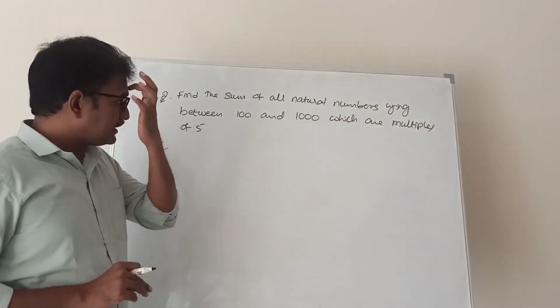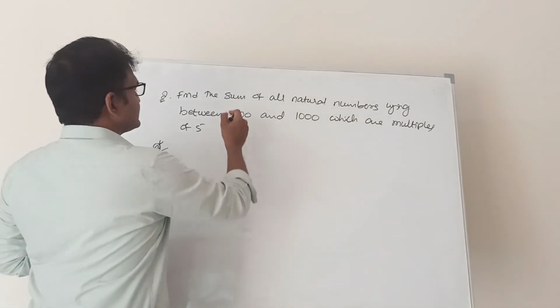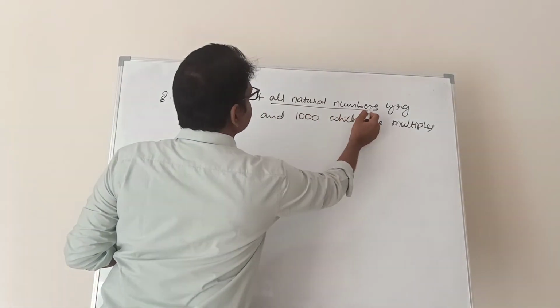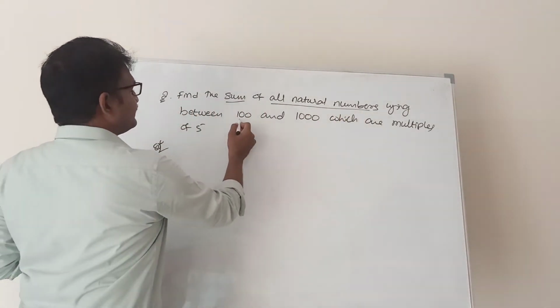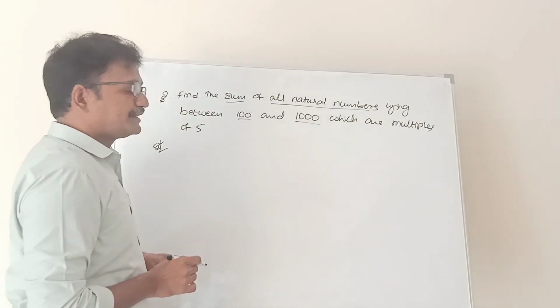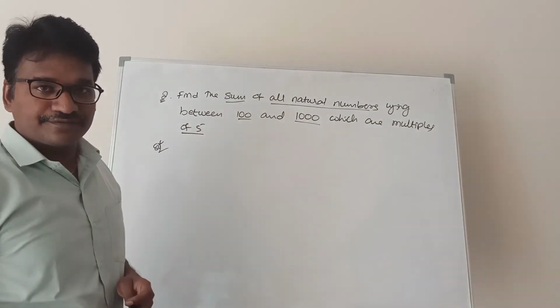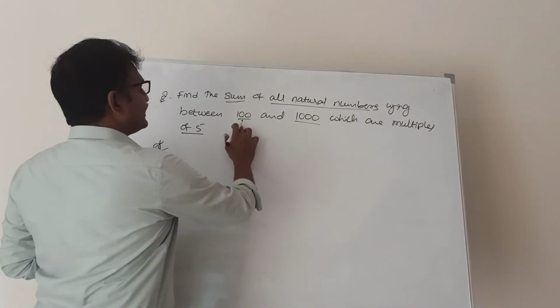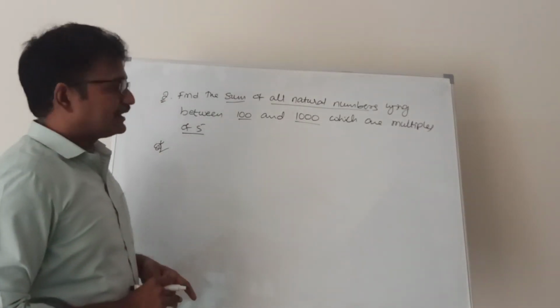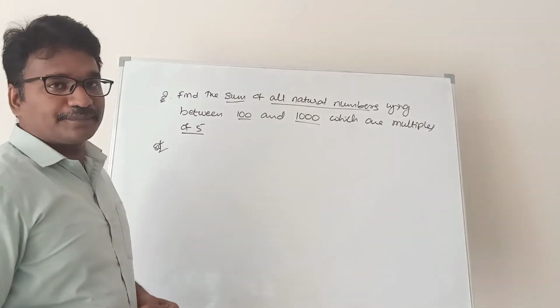Find the sum of all natural numbers between 100 and 1000 which are multiples of 5. Between 100 and 1000, which numbers are there?